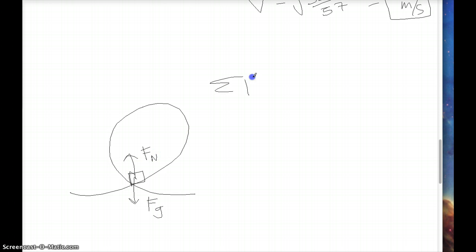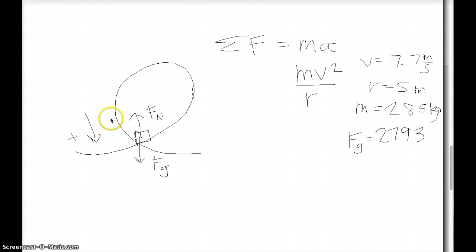Now the sum of forces is equal to ma, and it's accelerating centripetally, so we can plug in centripetal acceleration. If we keep that as our positive, we have to be careful, because then we have to think about what direction it makes this side.